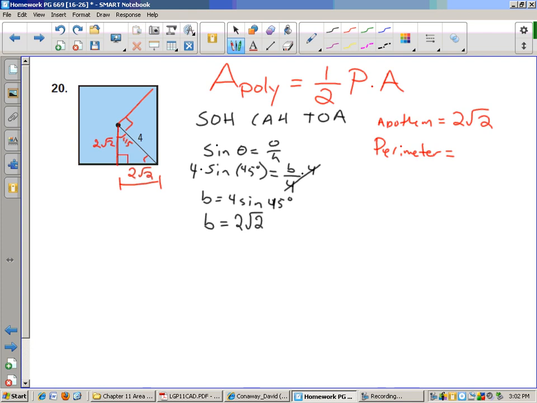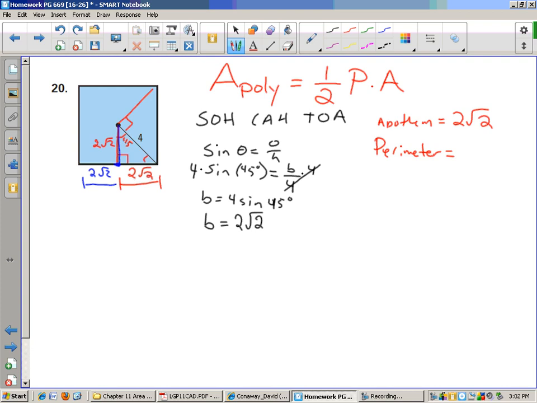Well, how long is one side? How long is this side right here? Well, let's say this. How long is this piece? 2 root 2, right. Because the apothem does meet the midpoint down here, we know that these two are the same size.